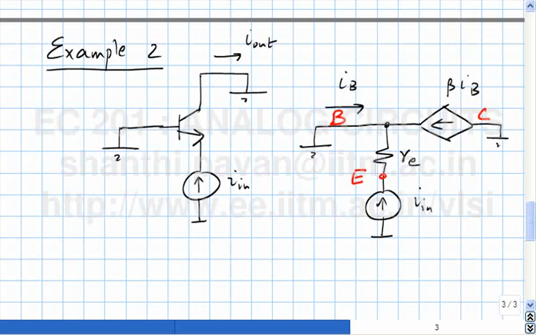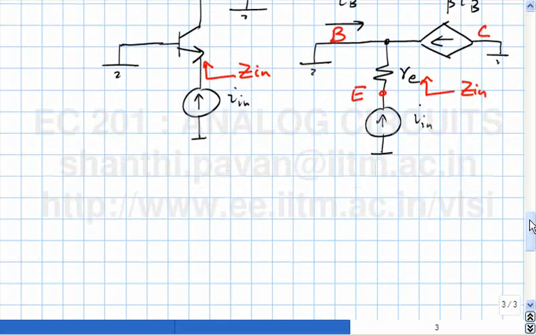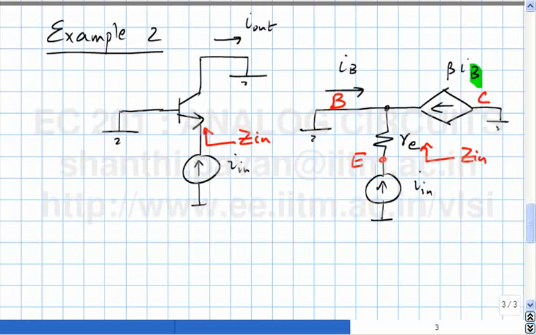We are interested in finding the impedance looking in here. And what is the impedance looking in here? It's simply RE, because this current source has both ends connected to ground. We are interested in finding this voltage.